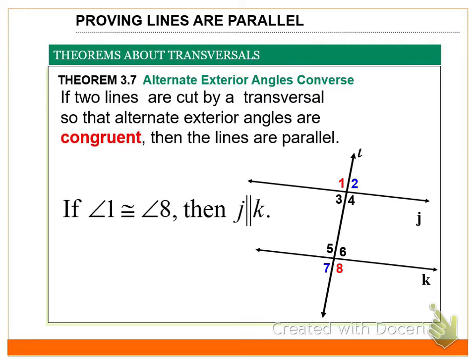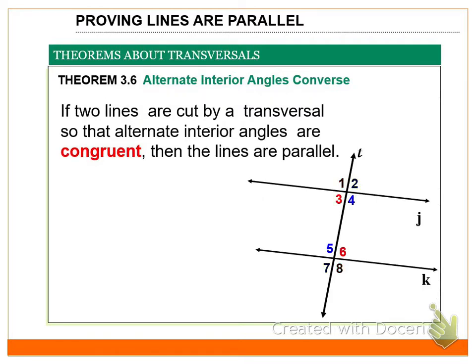So if angle 1 were congruent to angle 8 in my picture, that is enough to prove J is parallel to K, and the same thing if 2 is congruent to 7. The third is alternate interior. If the alternate interior angles are congruent, then that is enough to prove that the lines are parallel.